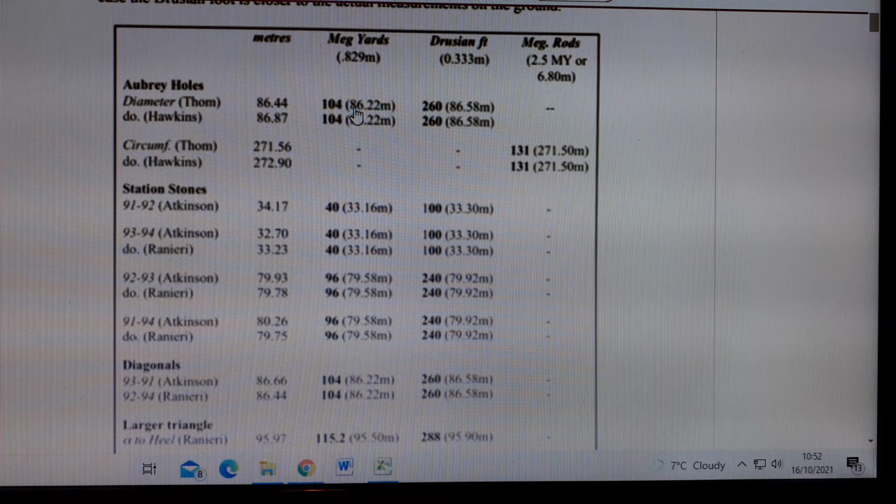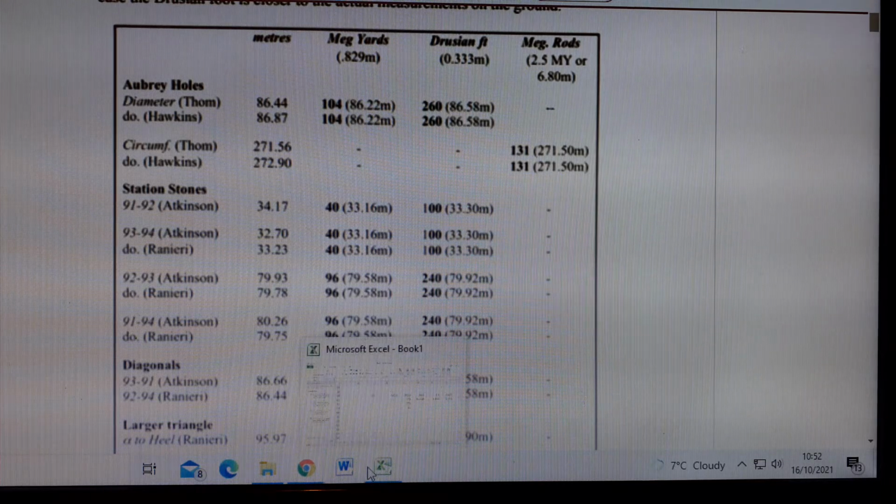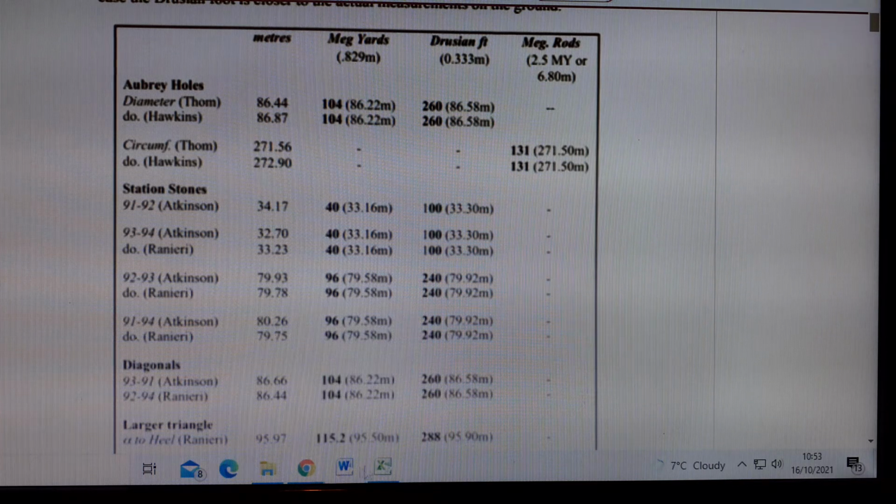And I'm sorry, but that's wrong, in inverted commas wrong, because these megalithic measures are so flexible that there's always an argument for a unit. But Thom definitely says that the Aubrey hole diameter is 105 megalithic yards, which is what I've just shown you. It's 285.6 feet.